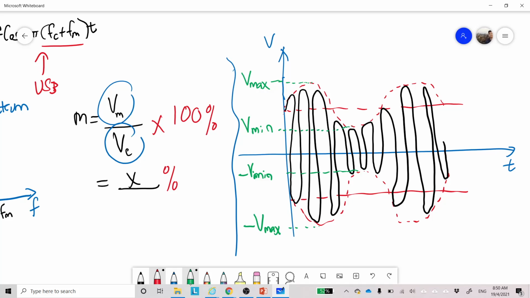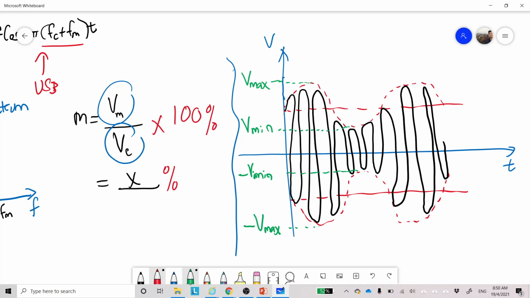It is said that in double sideband full carrier, the message in the upper sideband and the message content in the lower sideband are identical. So it looks like we send twice to the receiver. Seolah-olah macam kita hantar dua kali sebenarnya.